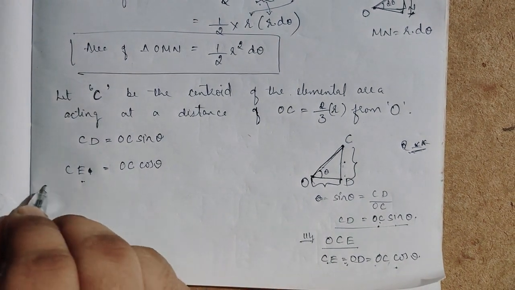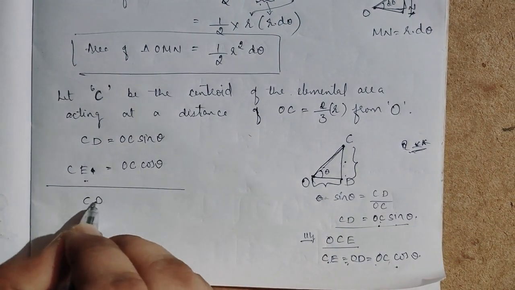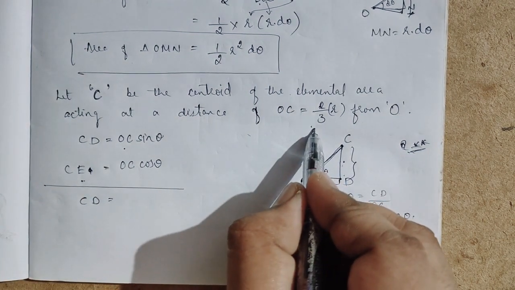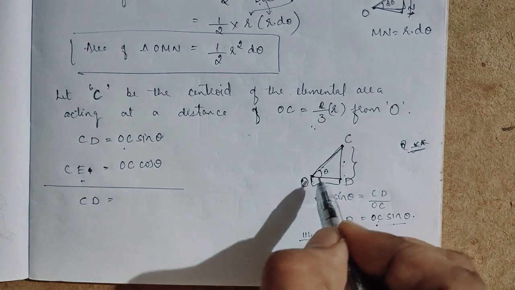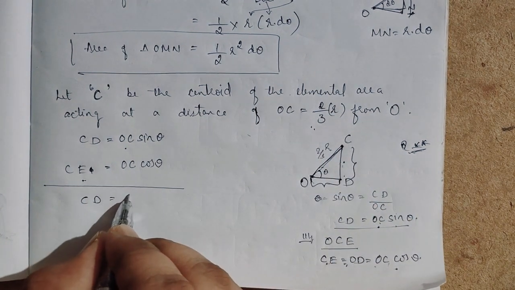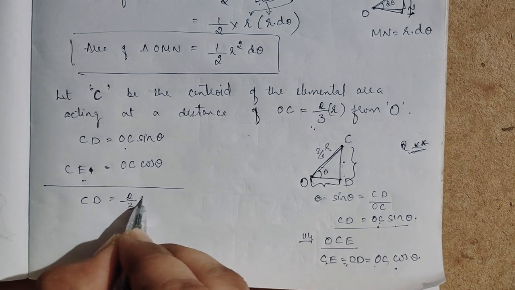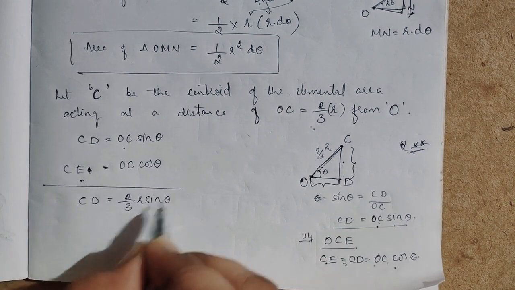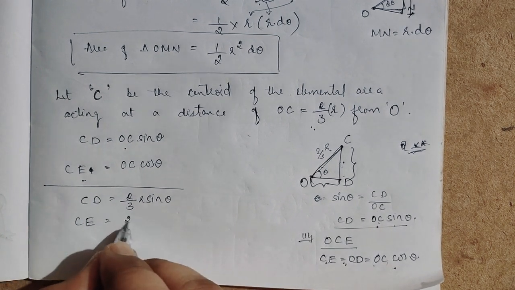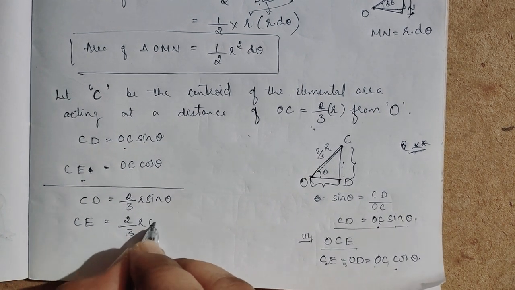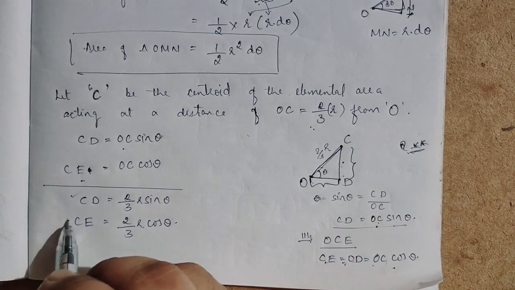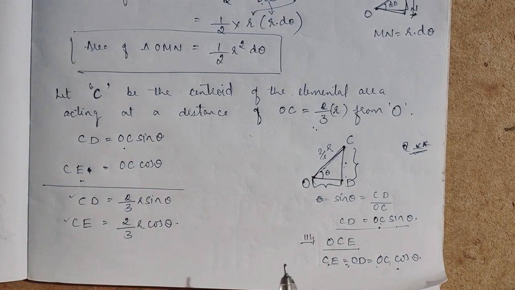Now what happens? This CD is equal to, what is OC? The distance OC is nothing but 2 by 3 R. That is 2 by 3 into R sin theta. CE is equal to 2 by 3 into R cos theta. So I got both CD and CE.